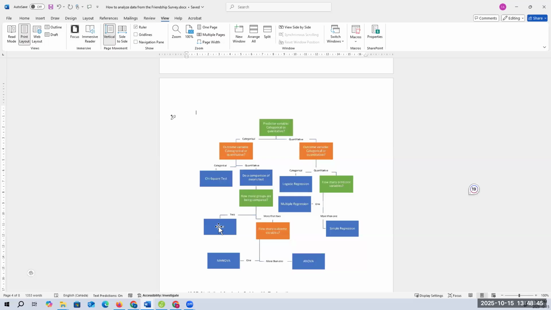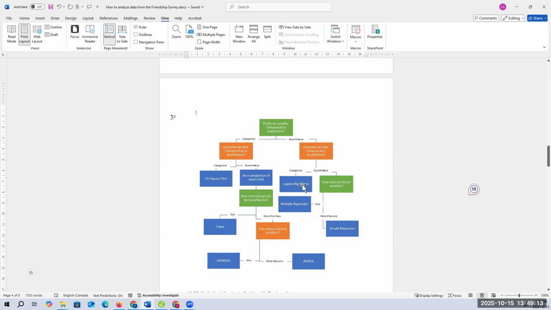Outcome variable, categorical or quantitative. We can also have the case where the variable itself is a quantitative variable. So GPA, for example, is a quantitative variable. And level of stress could also be a quantitative variable, and you want to look at the predictor variables here. Let's say you have categorical and you want to look at the outcome, and it's quantitative.